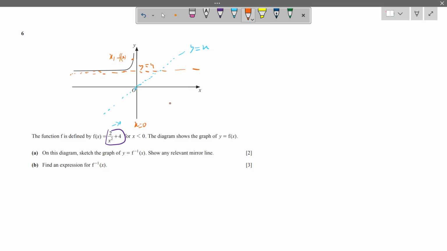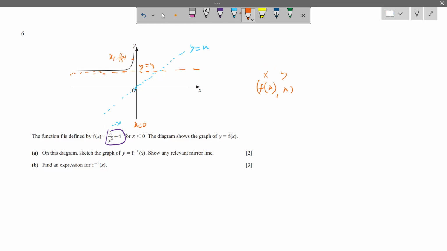In your new graph, it would be f of x comma x. And in case it's a bit confusing, the x coordinate is f of x in this one, and the y coordinate is x.